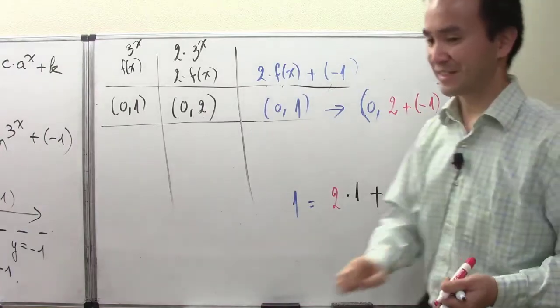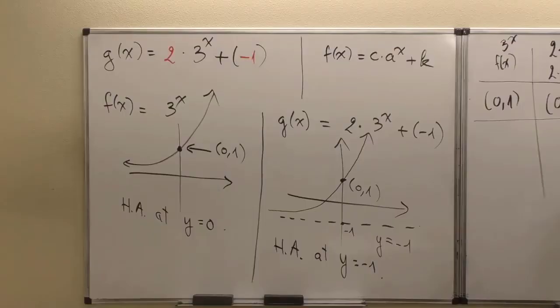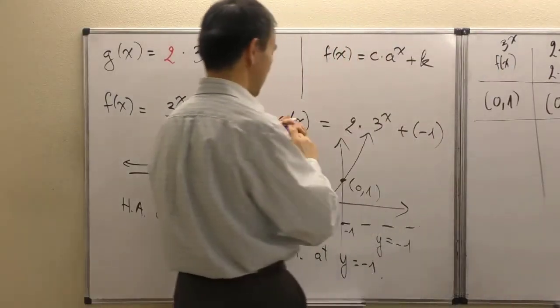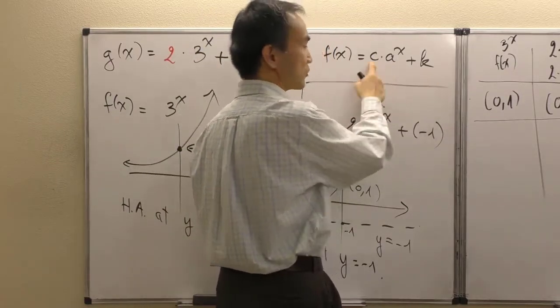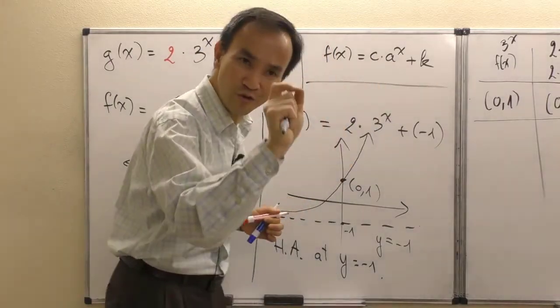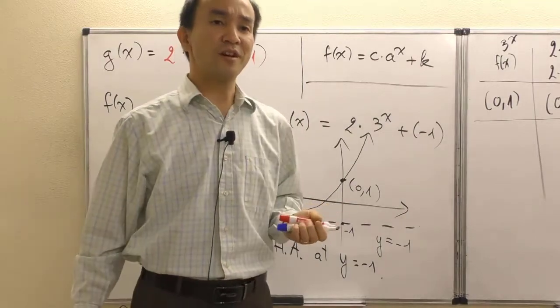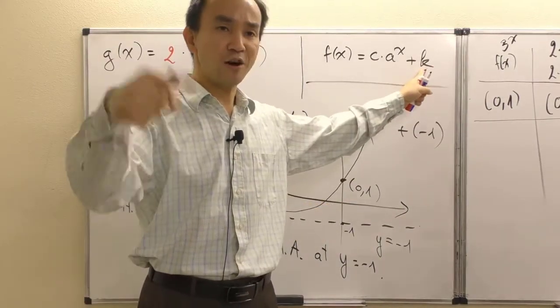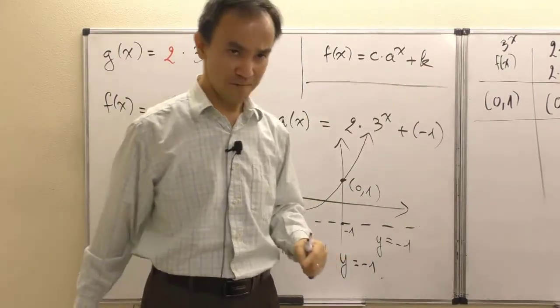here. Because now I'm slowly bringing viewers and learners into that general form here. So c is that constant coefficient we introduced in front of the ordinary exponential function, and k is that constant term we added after we multiply.